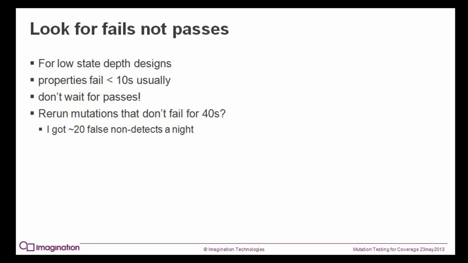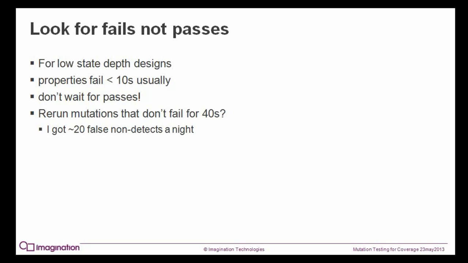A big caveat here: if you've got a low state design, then your properties will fail. We found that almost all the properties failed within 10 seconds for each mutation. So even though some of the properties take almost an hour to pass, they fail within 10 seconds.